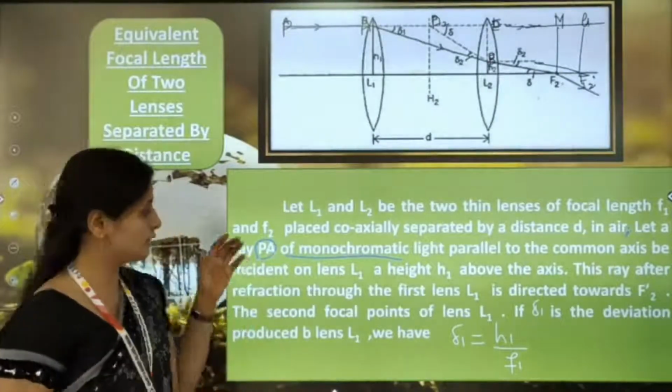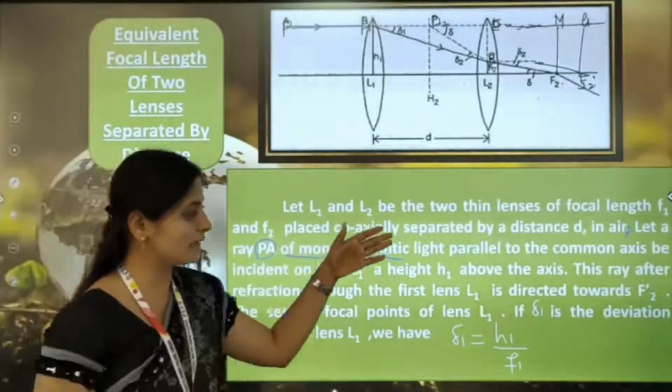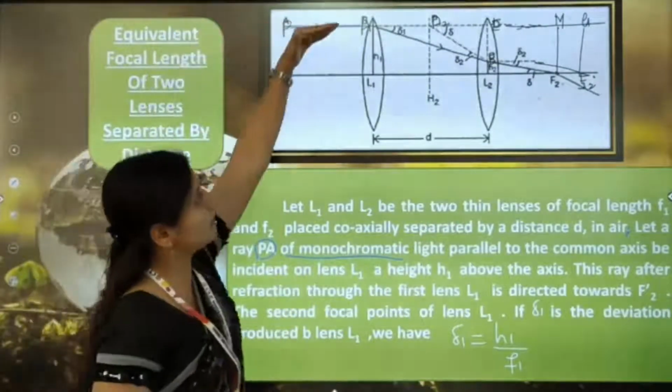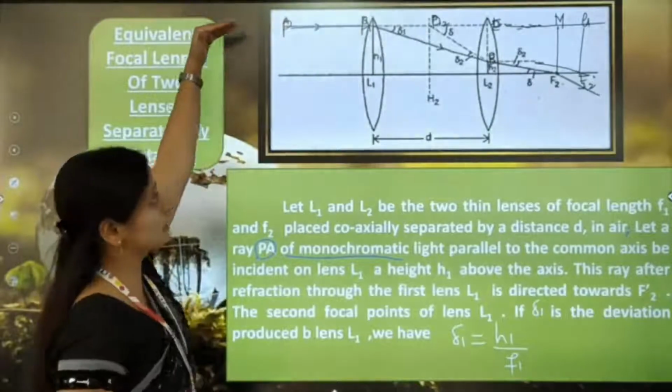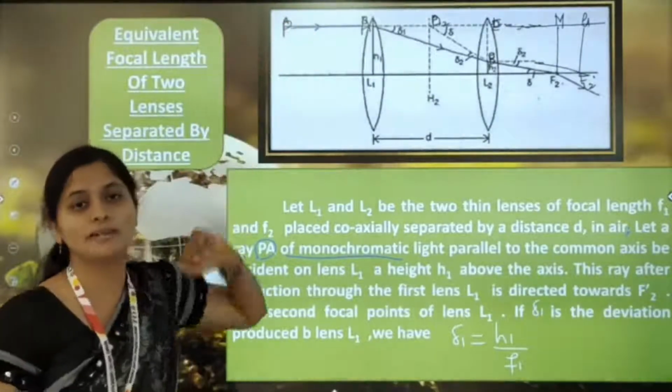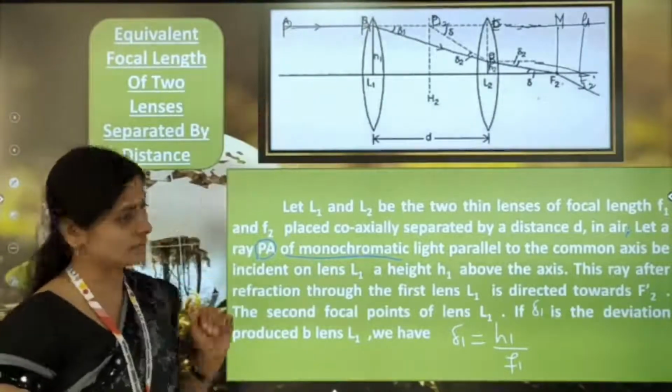The ray PA of monochromatic light is parallel to the common axis. The incident ray is parallel to the common axis, which here is the principal axis.